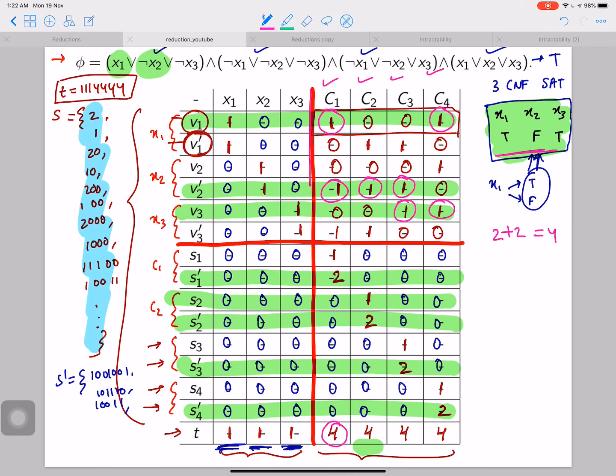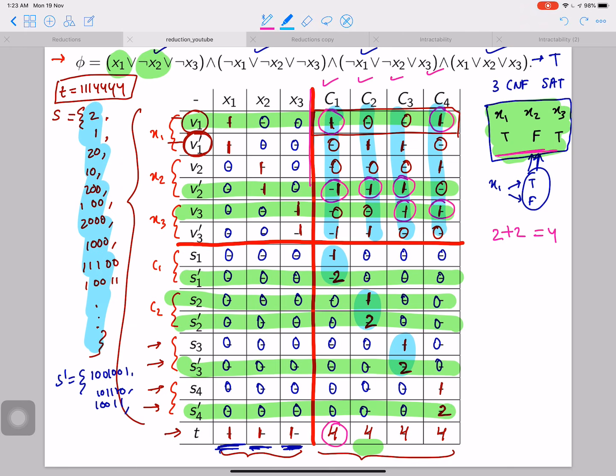That means you would not get any ones here, so it would be all zeros. No matter how hard you try, you can only add up to 3, and you cannot make it to 4. So with the assignment, you need to satisfy all the clauses by at least one literal.